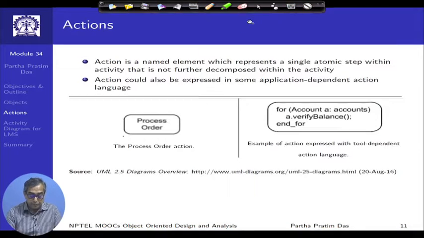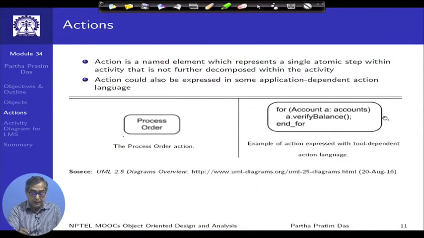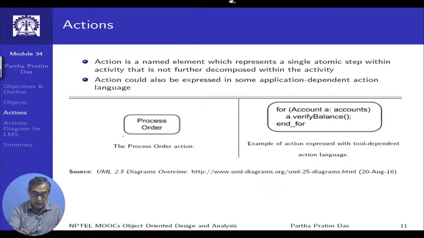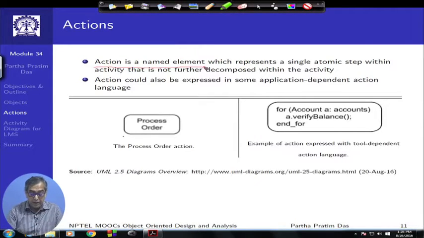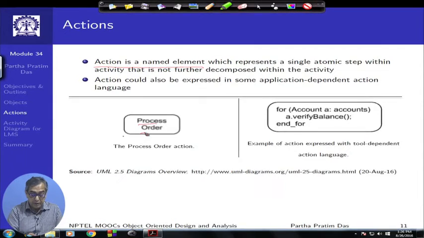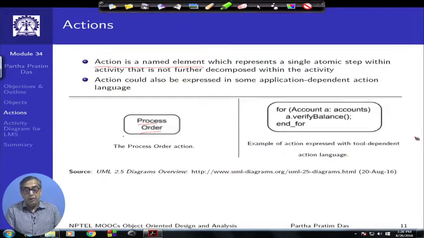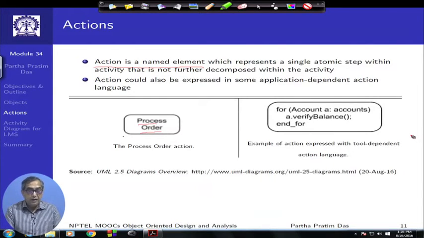Then other than objects, you have actions. Actions are also named elements. So the action is the process order action. What action means is that these are activities or algorithms at a certain level, but you may want to have a more direct algorithmic or programmatic representation of that.